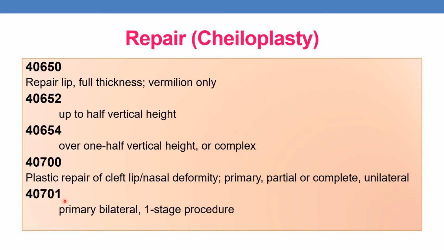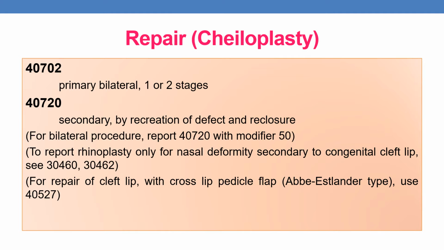Plastic repair of cleft lip or nasal deformity, primary bilateral one-stage procedure. One-stage procedure is the complete description of 40701. The next CPT is 40702. It deals with plastic repair of cleft lip or nasal deformity, primary bilateral, one or two stages.